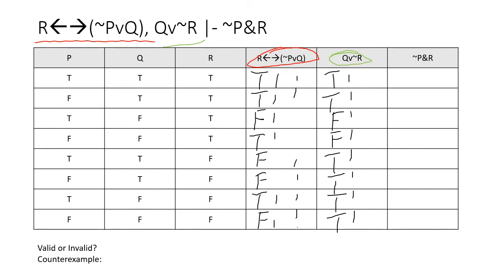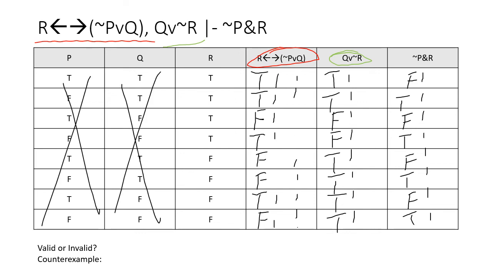And then finally, with our conclusion, we've got two operators again. The tilde is just functioning over the P, so we'll do that first. Then we just got to compare them with R, and we see that we have both truths there and both truths here.